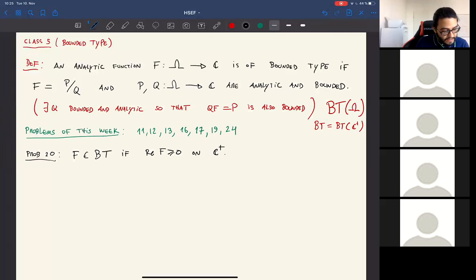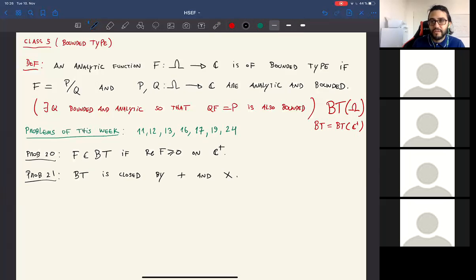So how do we show that? Well, maybe it's best to prove the following problem before, which is problem 21: BT is closed by sum and product. If you add two functions of bounded type, still bounded type.